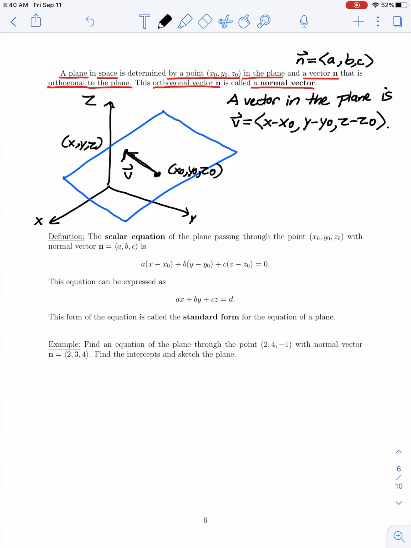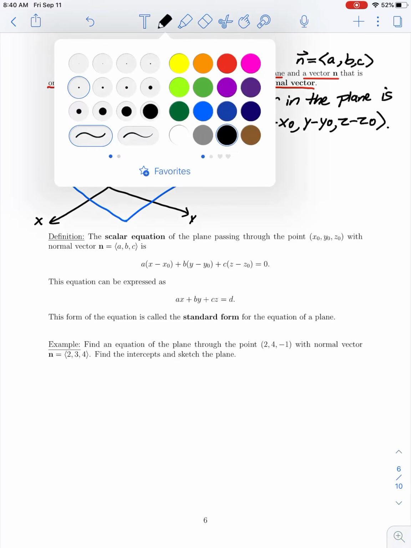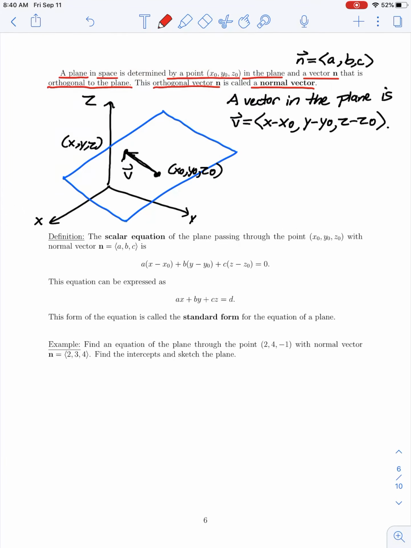Now, we were also told that a plane is defined by a normal vector. That is some vector that lies orthogonal to this plane. Since the vector is orthogonal to the plane, we can visualize it like sticking out from the plane at a 90-degree angle. So it would be orthogonal to the vector v that lies in that plane.